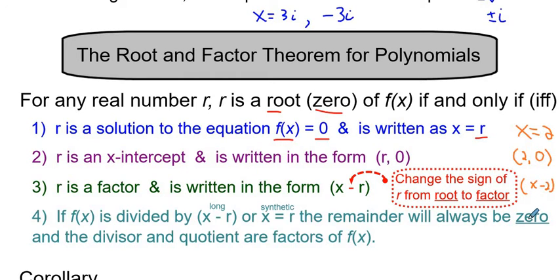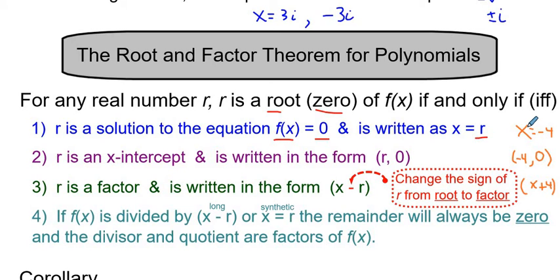And of course, if I used a negative number, let's just go back and rewind this for a minute, and let's say I started with x equals negative 4, well, then my x-intercept would still be (-4, 0), it's just another way of writing the answer, but the factor that produced it would be x plus 4.